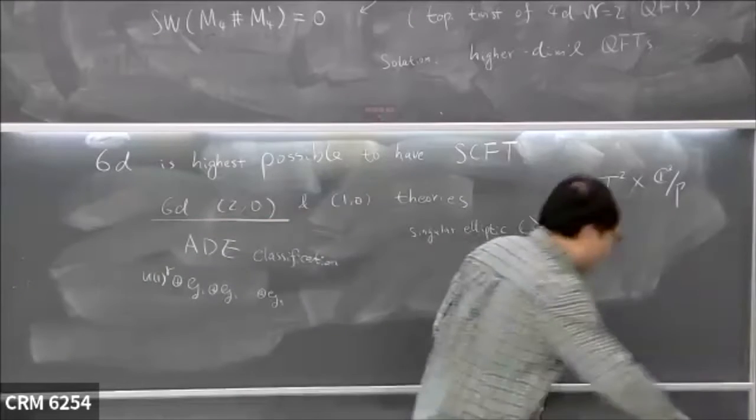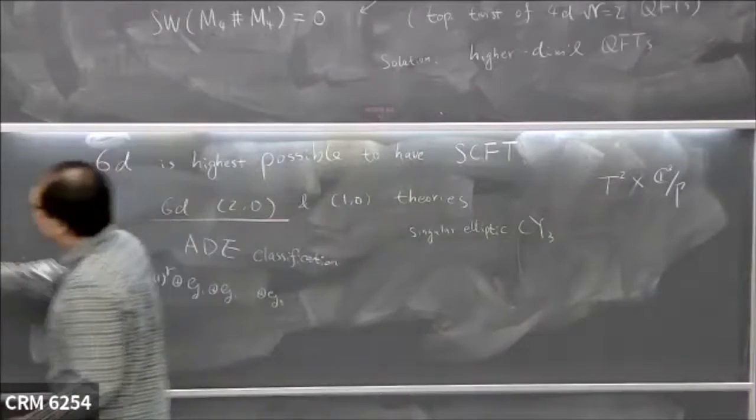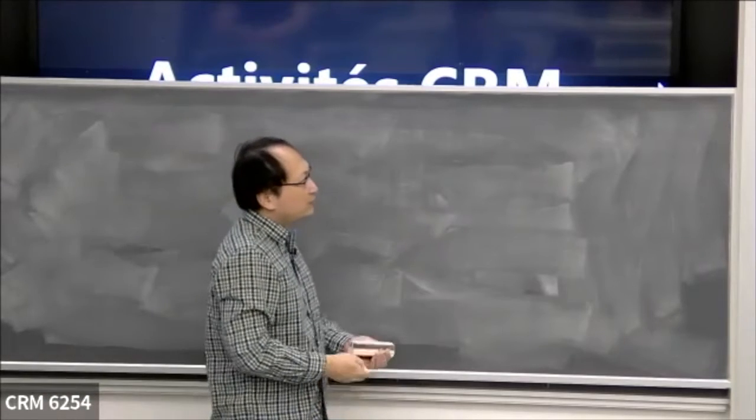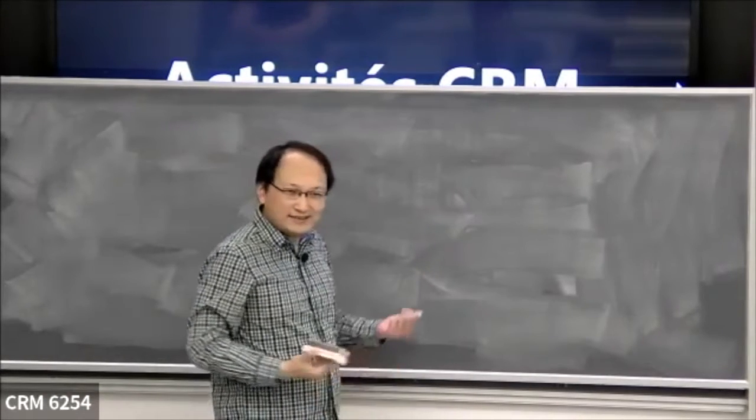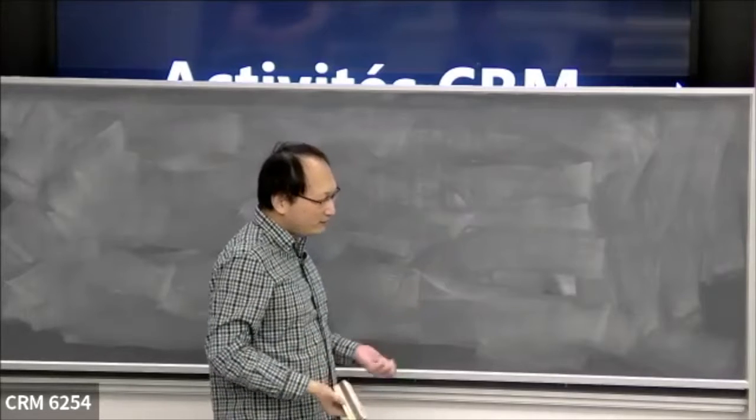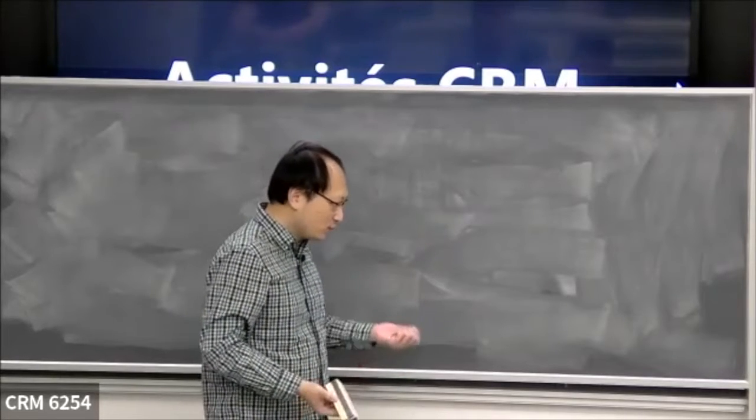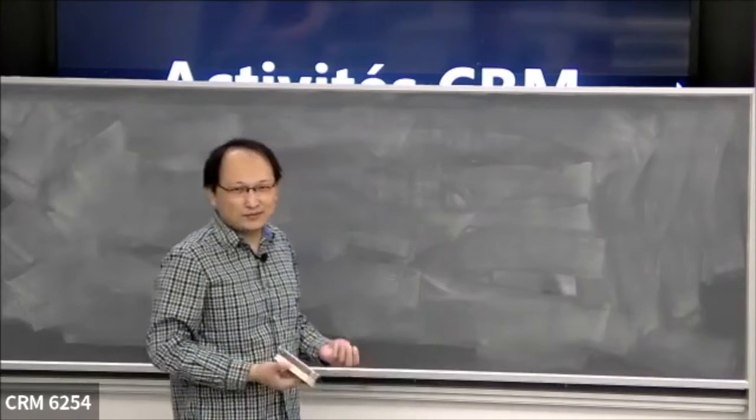So what can we do with those theories? If our goal is to understand invariants of 3-manifolds or 4-manifolds, or try to produce something like a VOA or some algebraic structure that we want to understand, six dimension is a little bit too high. But we can consider the 6D theory on some geometries.